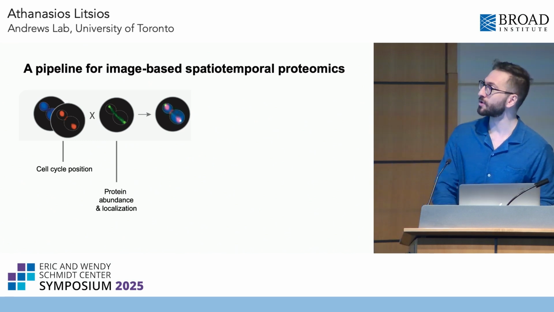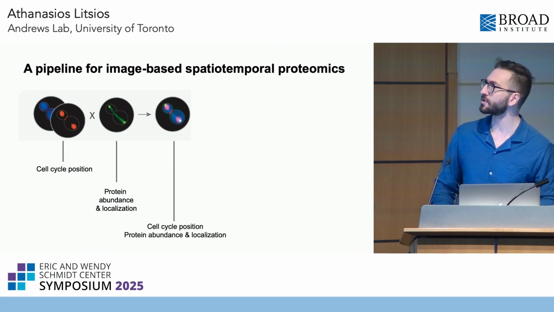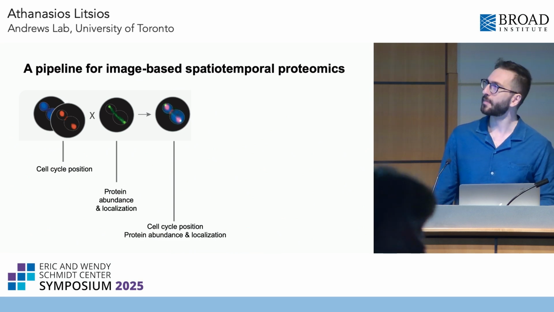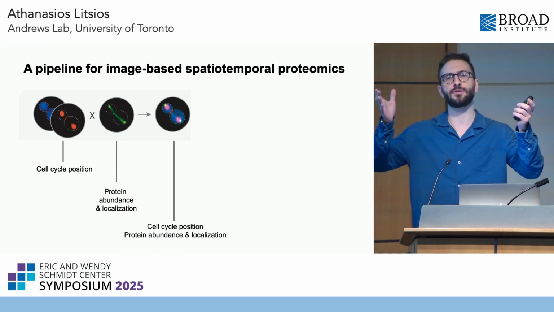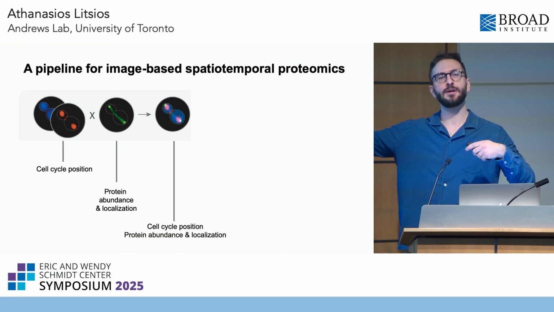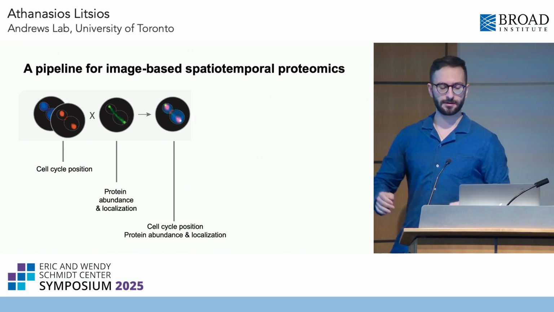So the next step was to use systematic genetics, and specifically synthetic genetic array technology, to introduce fluorescent reporters in each of the strains in the yeast GFP collection, and we ended up constructing a new library of 4,000 yeast strains. Now in each of these strains we could monitor both the abundance and localization of a native protein, but also identify the exact cell cycle state that the cell was at.